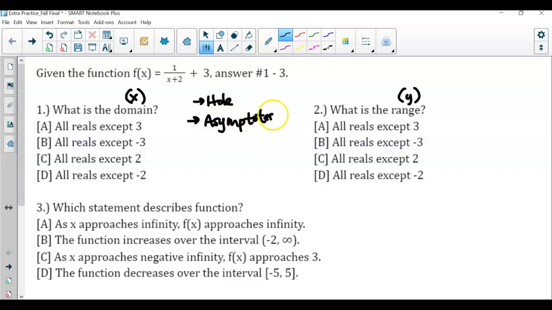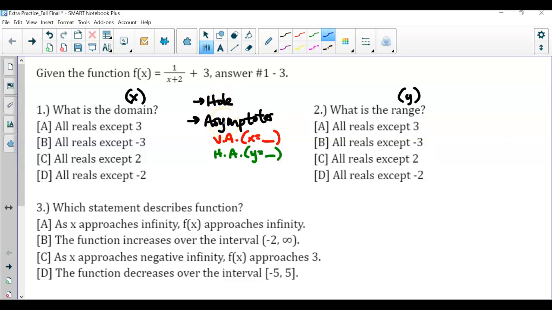That is where the graph does not exist. The asymptotes could be our vertical asymptote, which is x equal to a value, and it could also not exist at the horizontal asymptote, where y is equal to a value, if there is one. Keep in mind that these are the two where the graph does not exist.